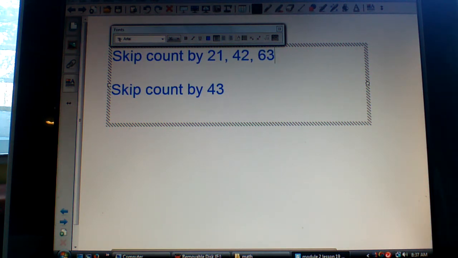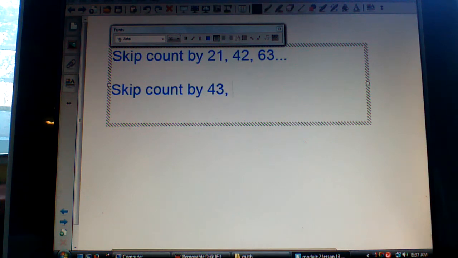Does everyone see that? So I'm skip counting by 21, 42, 63. You have to take a minute and actually, you might need paper and pencil to add this up. But what I want you to do is keep going 10 times until you have skip counted by 21 10 times.